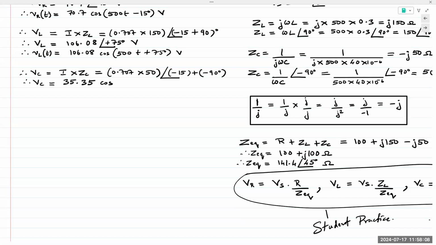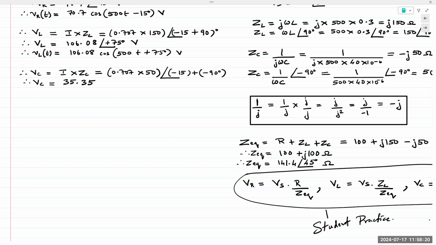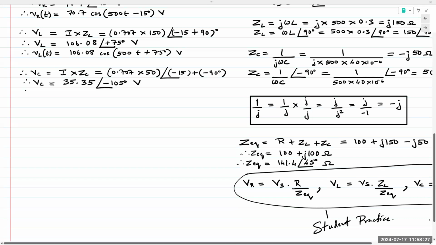So the magnitude is 35.35 with an angle of minus 105 volts.